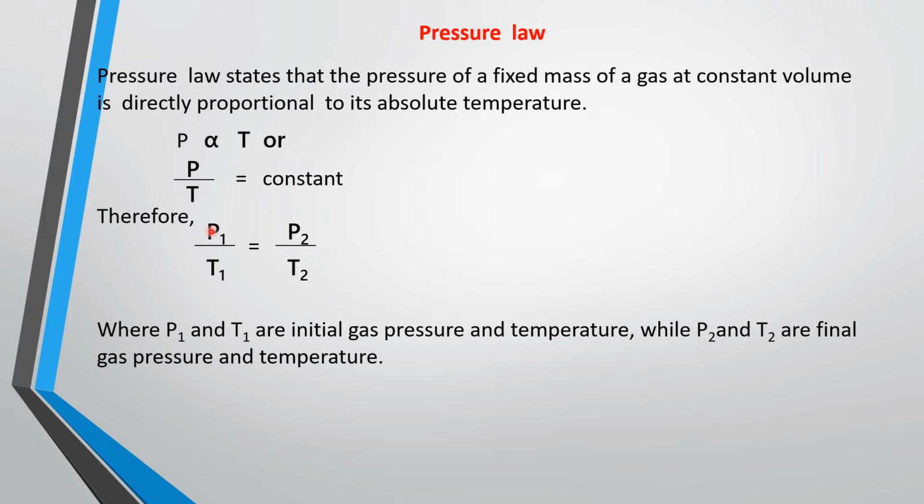When we have a system with an initial pressure and a final pressure, an initial temperature and a final temperature, you can relate the equations like this: P1 over T1 is equal to P2 all over T2, where P1 and T1 are initial gas pressure and temperature, and P2, T2 are final gas pressure and temperature.